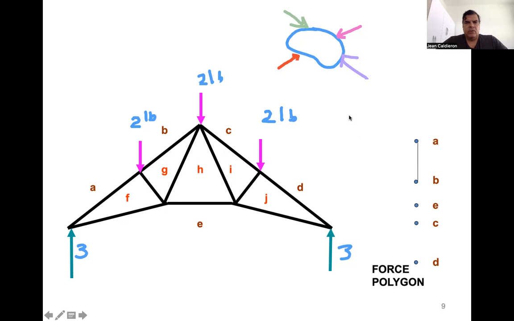The equilibrium of this element will be force 1, let me put the same color, force 1 minus force 2. That will be 0, because they are equal, with different signs.